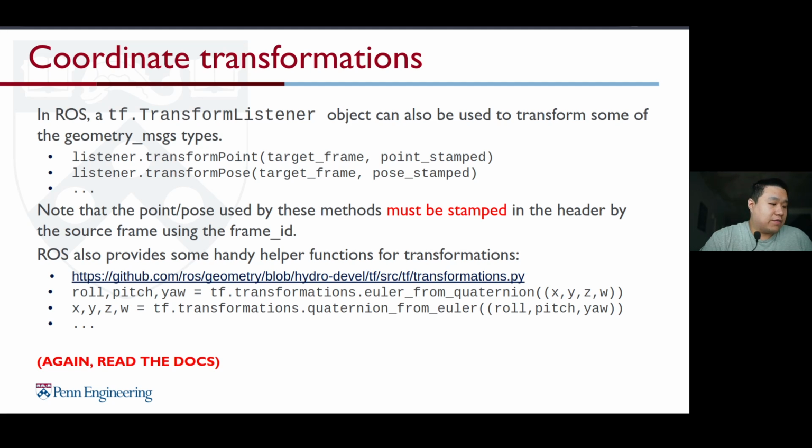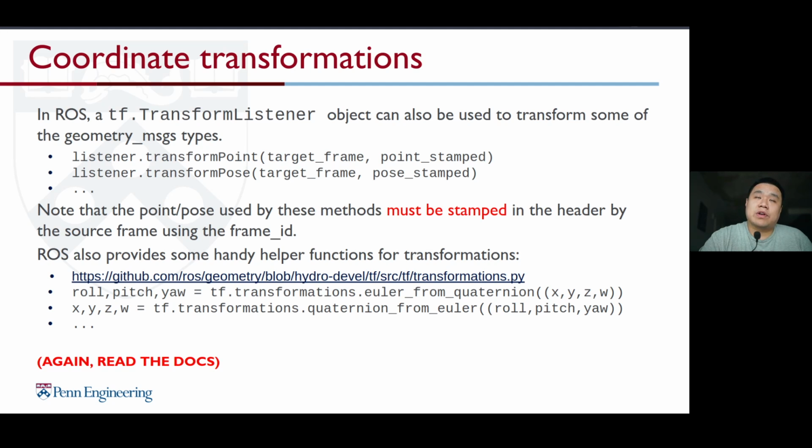For example, you have the method transformPoint, which transforms a point from your original frame that the point is stamped in to a target frame. You have the same thing for transforming a pose. So you don't have to do any math yourself, and the TF package will take care of everything.